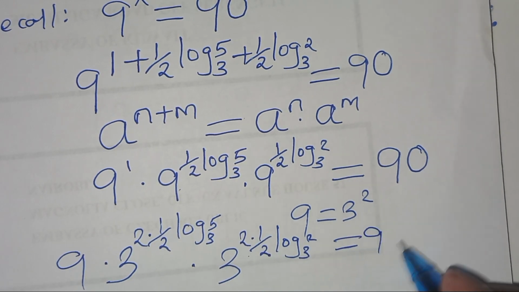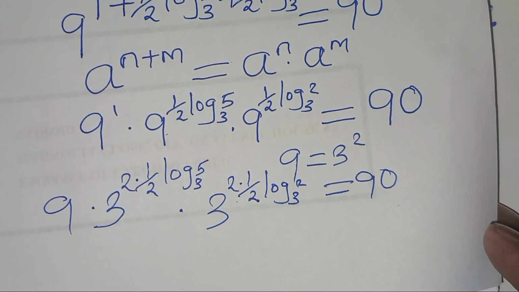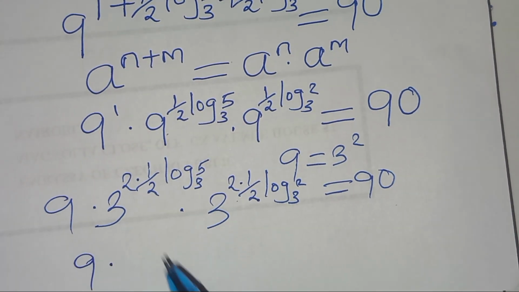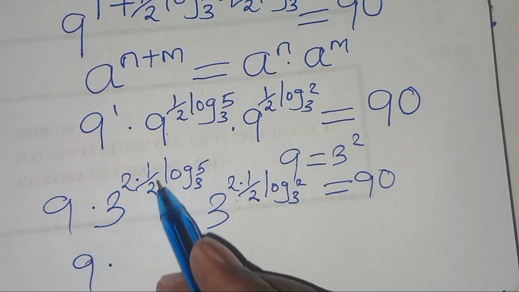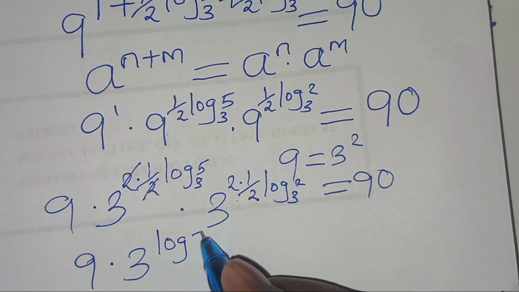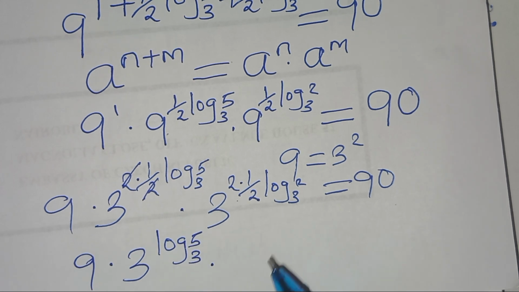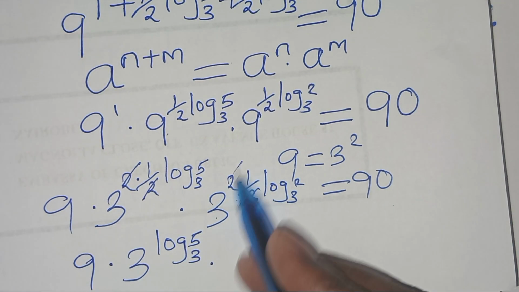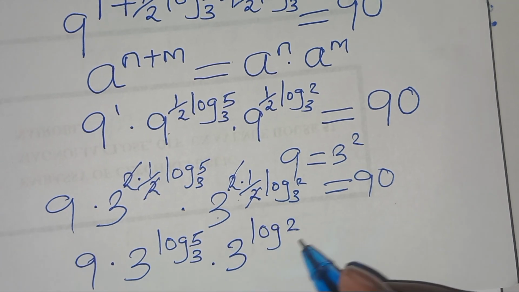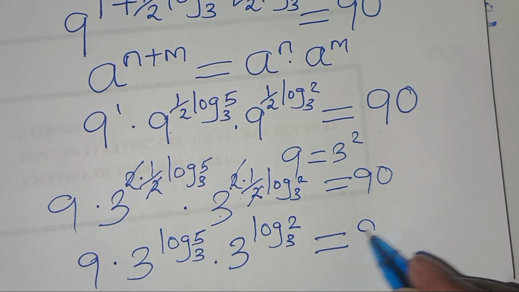This should give us a value of 90. As you can see, 3 to power 2 times a half, we simplify here. So this is 9 times 3 to power log 5 to base 3 times 3 to power log 2 to base 3, which should equal 90.